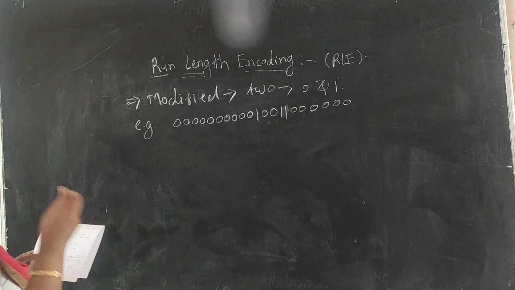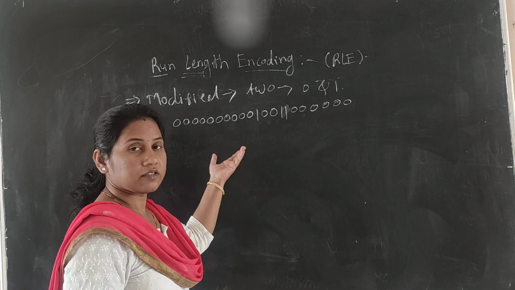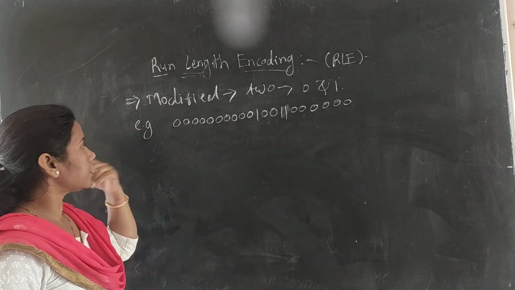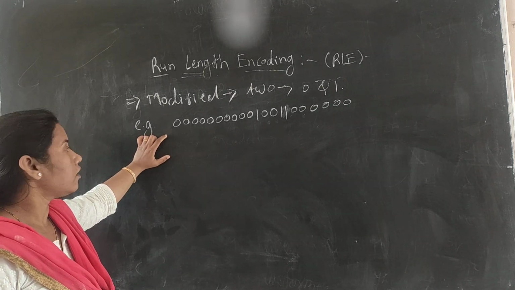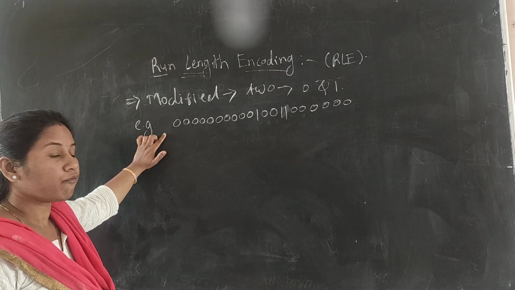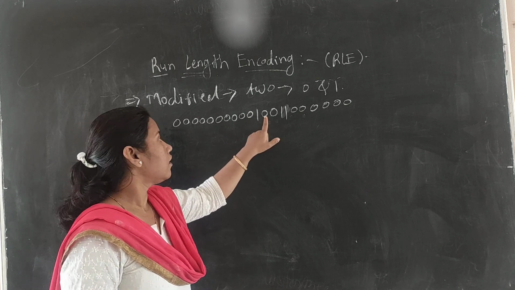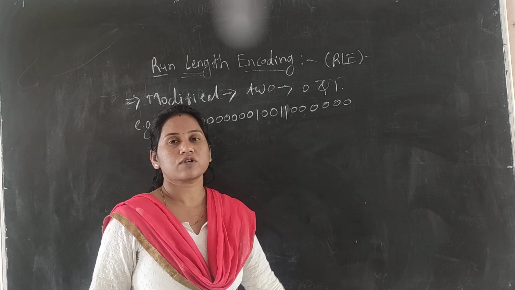In the above pattern, there are more zeros than ones. When we look at the given message, we observe a continuous string of zeros, then a single 1, then 0 0, then two ones, and then a continuous string of zeros.